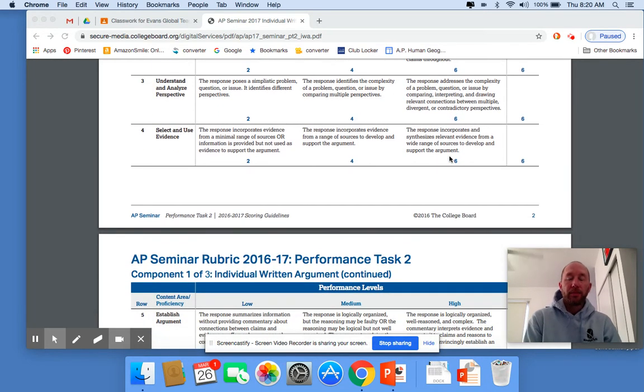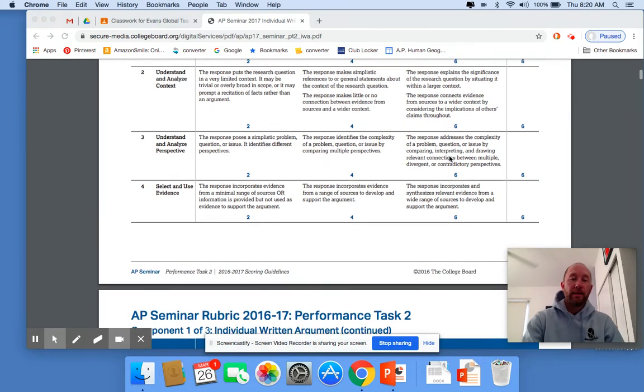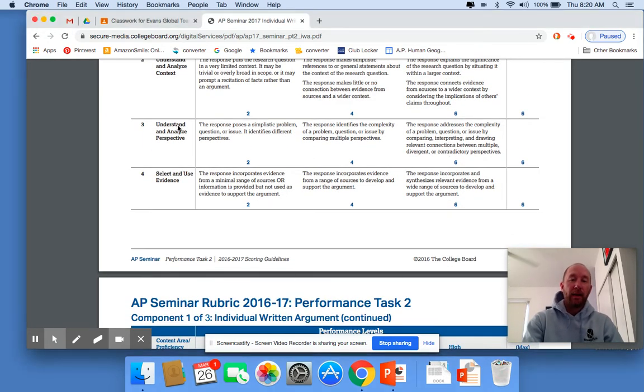Row three. It's the same topic here with understand and analyze perspective. The response addresses the complexity of a problem, question, or issue by comparing, interpreting, and drawing relevant connections between multiple divergent and contradictory perspectives. This is why I suggested that we have a historical lens and at least two other lenses, perspectives, or stakeholders.